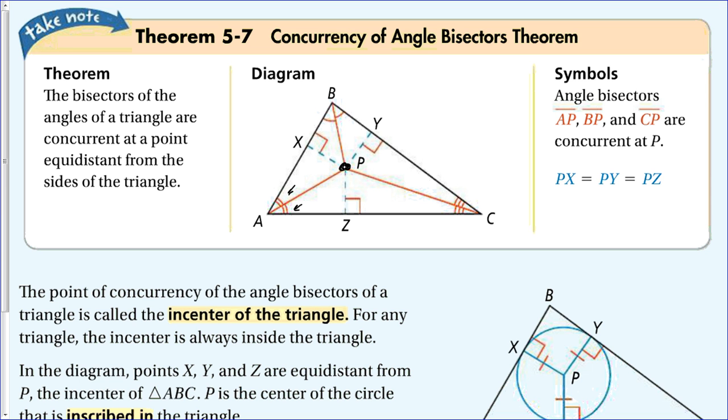What's special about this is that the perpendicular distance from point P to each side is the same. So XP is congruent to PZ, which is congruent to PY. So the incenter of the triangle is equidistant from the sides of the triangle, where the circumcenter of the triangle is equidistant from the vertices of the triangle. I'm just going to have to write it down and commit this to memory, guys.